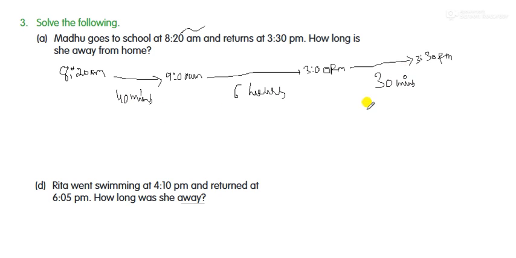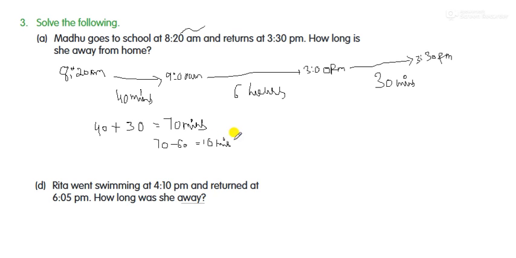Here 40 minutes plus 30 minutes equals 70 minutes. 70 minus 60 equals 10 minutes.